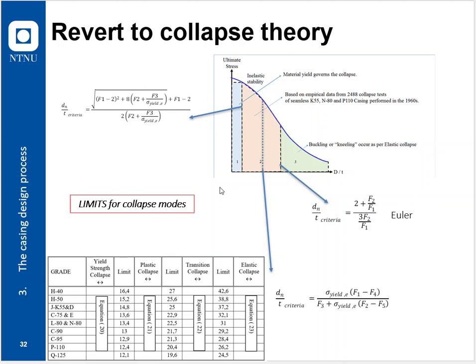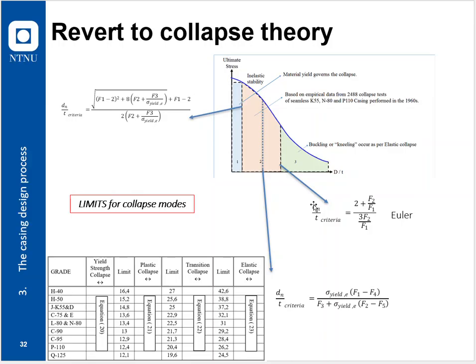We know our D/t ratio and we know the limitation, and we have different yield strengths listed here, and we know the equation, and then we have the D/t ratio. We know that the equations here will give us the different collapse loads. So at a certain value of the D/t, we know that, okay, we are on this side, or we are here, or we are here.